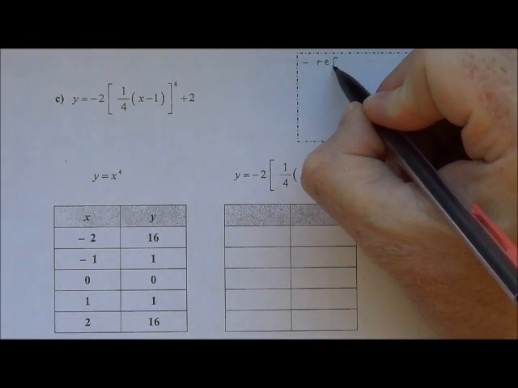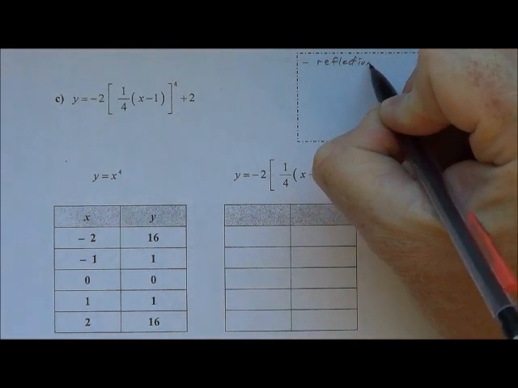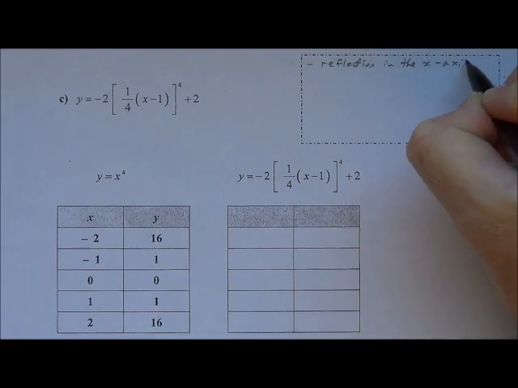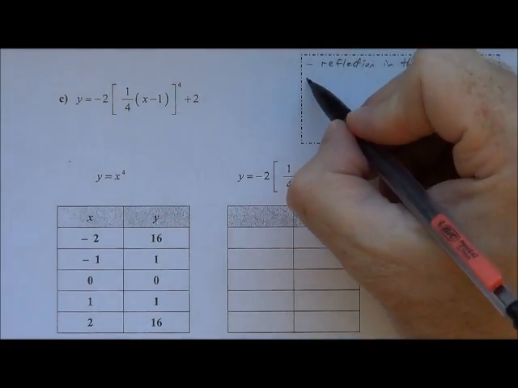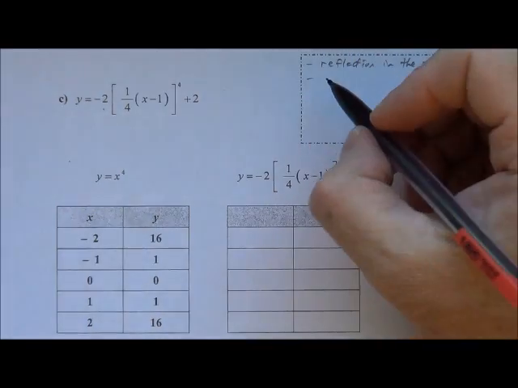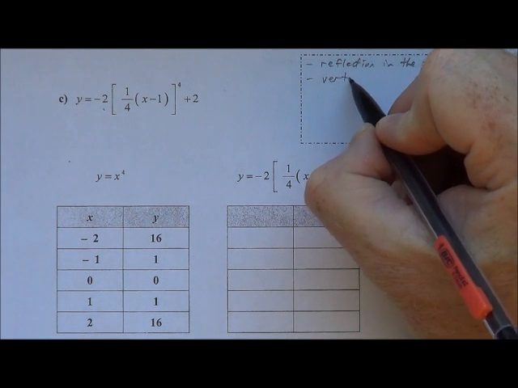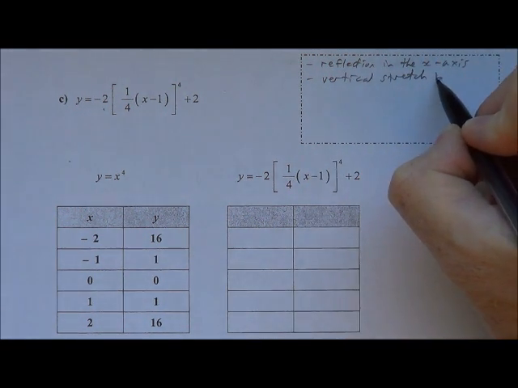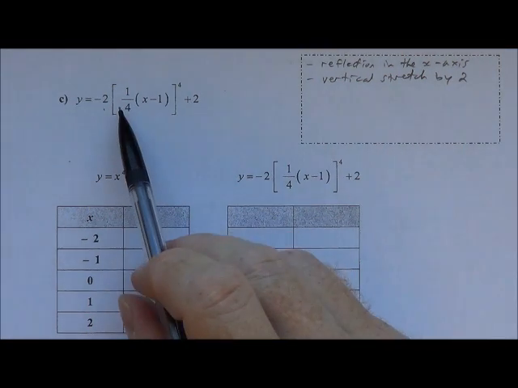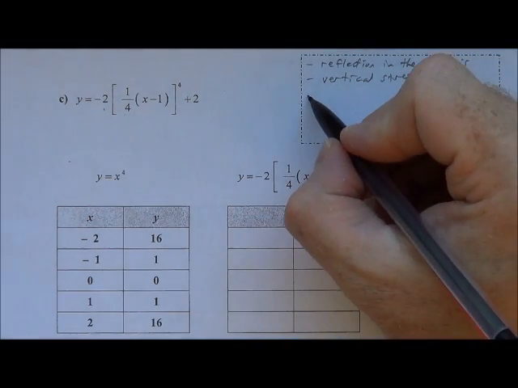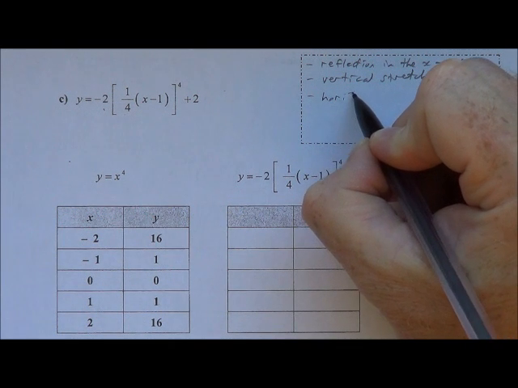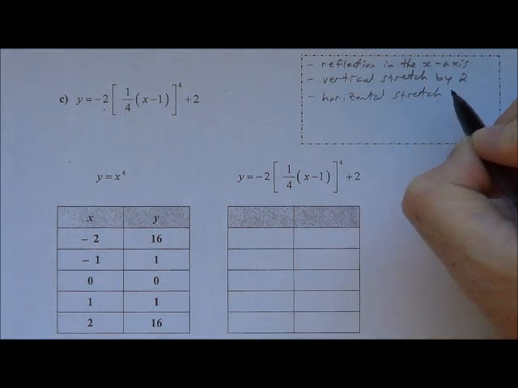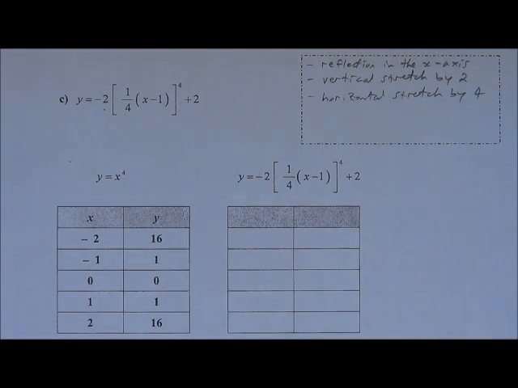Okay, so we have a reflection in the x-axis. Then we have a vertical stretch by 2. Then inside we have a horizontal stretch by 4.